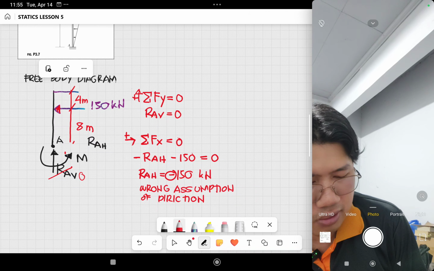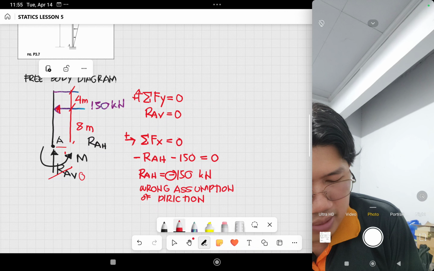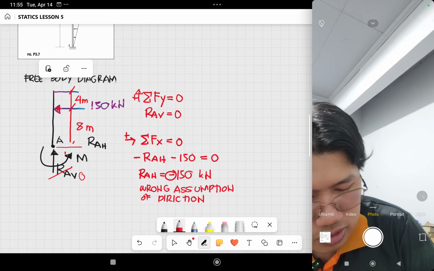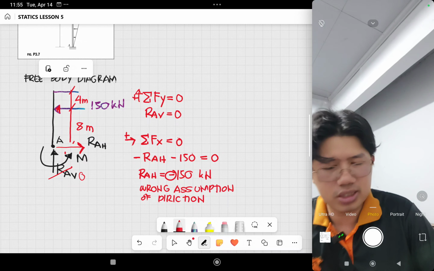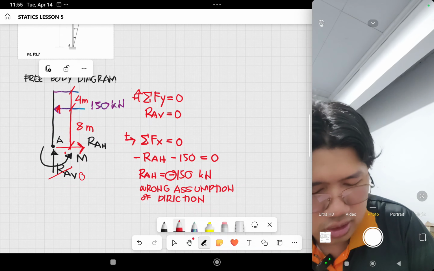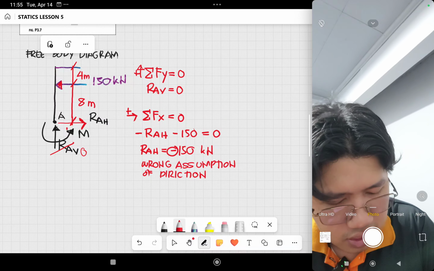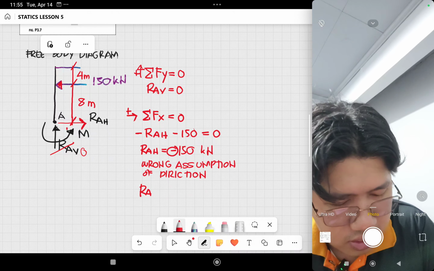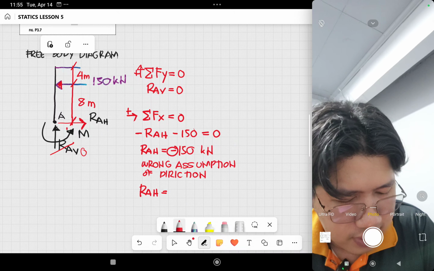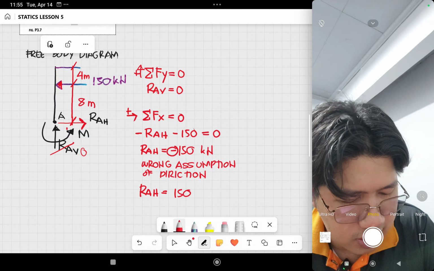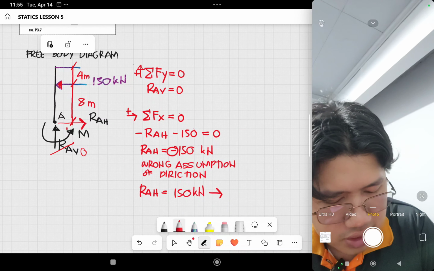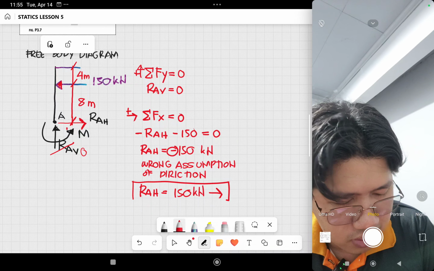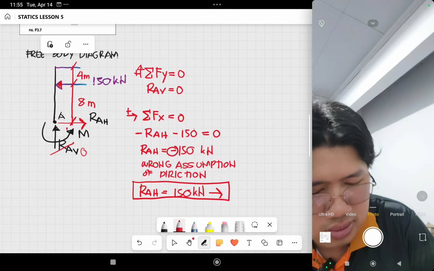So kapag nakuha ng negative answer, ang ibig sabihin lang noon, baguhin mo yung assumption mo nung una. Gawin mong opposite direction. Opposite ng left is right. So RAH, the final answer, is 150 kilonewton. Kapag tinama mo na, tanggalin mo na yung negative sign, i-reflect mo na yung tamang direction.